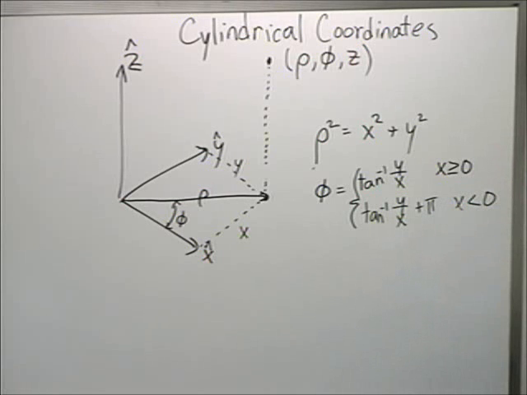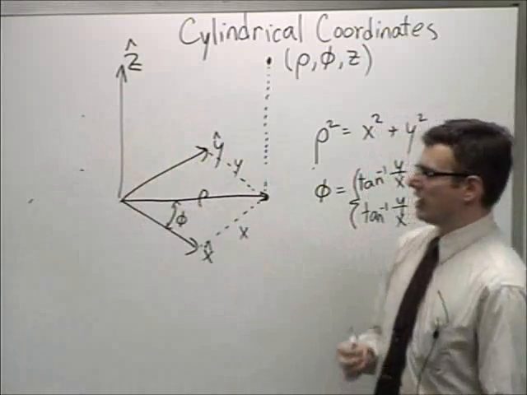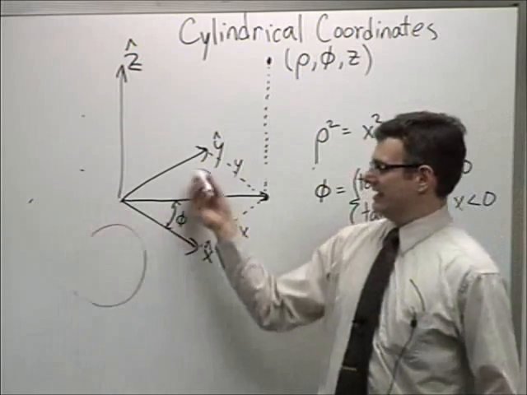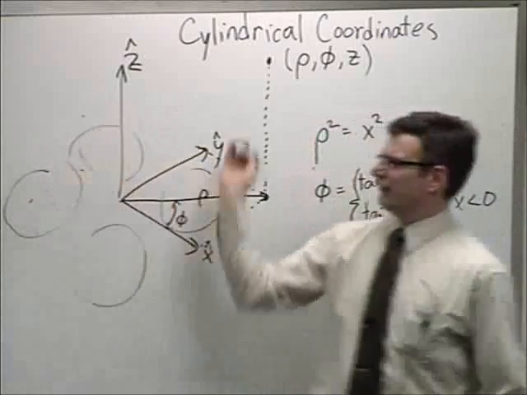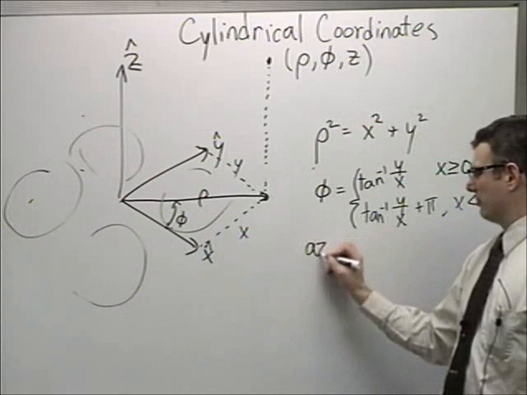And of course, this is probably an ambiguity that you've run into before. When your point sweeps around to the second or the third xy quadrant, there's an ambiguity in tangent. Remember, tangent only repeats itself every 180 degrees. So if you take the arctangent of something, you're always going to get something between minus 90 and plus 90, something that's going to place you here and here. So this little adjustment will allow you to calculate the full 360 degrees range of phi, your azimuth angle, as it is properly known.